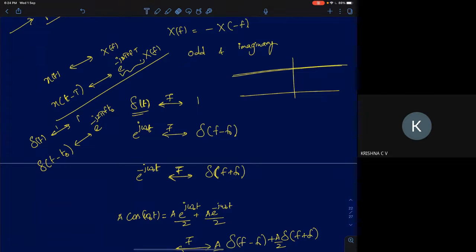It's a complex exponential, so the magnitude is 1. And the phase phi of f is simply minus 2 pi f t naught.